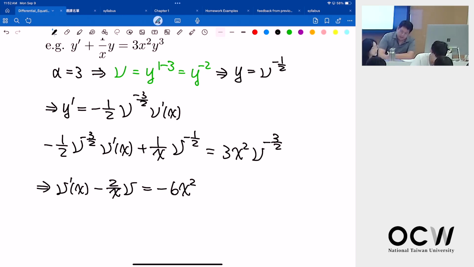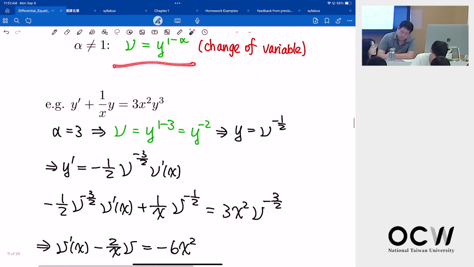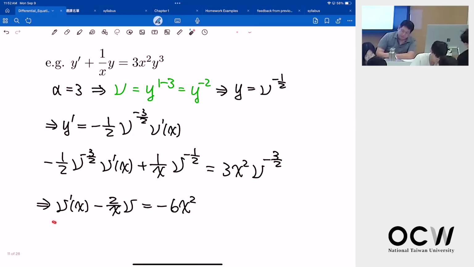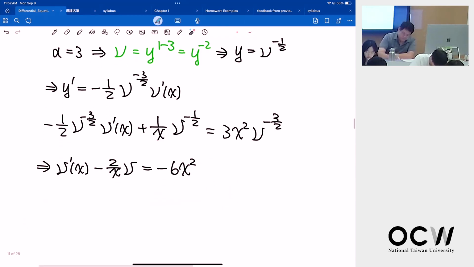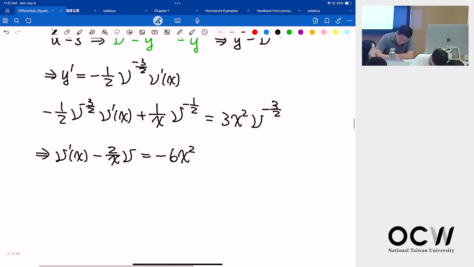And then you can see why we use mu equals y to the 1 minus alpha, because after changing variables, we have a linear differential equation. And once this is a linear differential equation, we need to find the integrating factor.